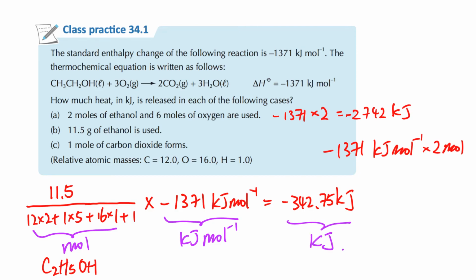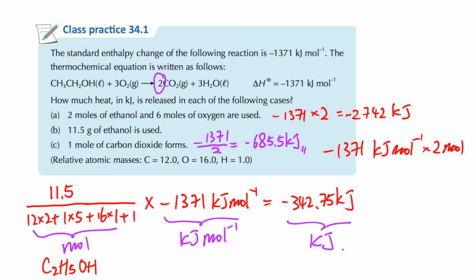So the last part, 1 mole of CO2 forms. That means the whole equation is just 1/2 times. So basically this one is 1371 divided by 2, so the answer for this one is negative 685.5 kilojoule.